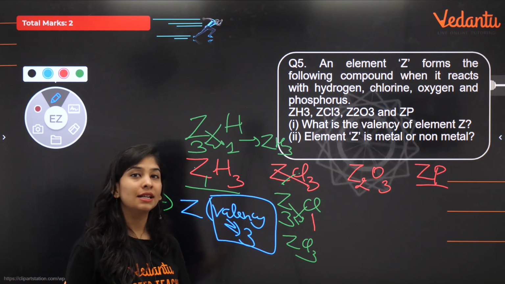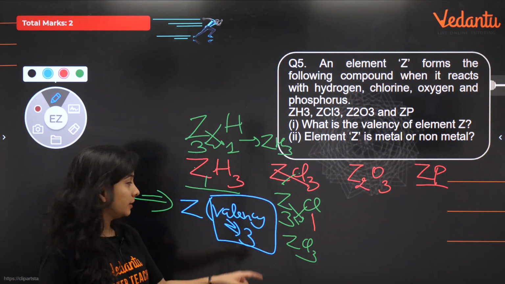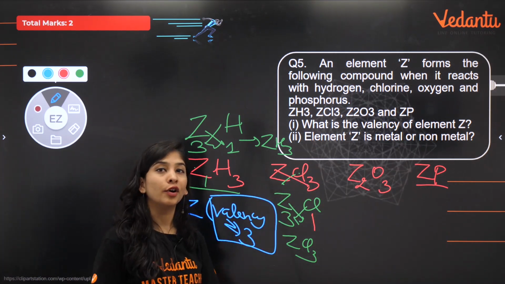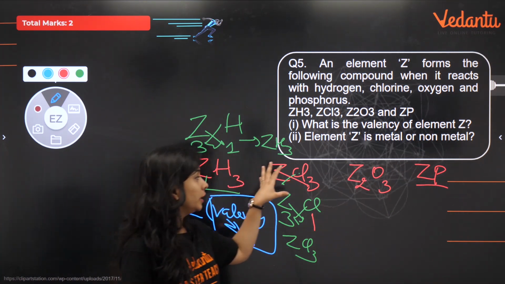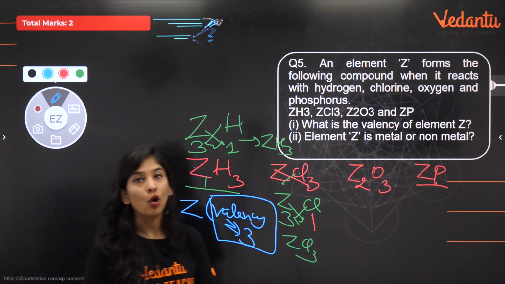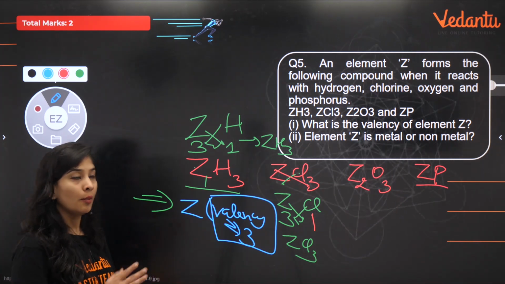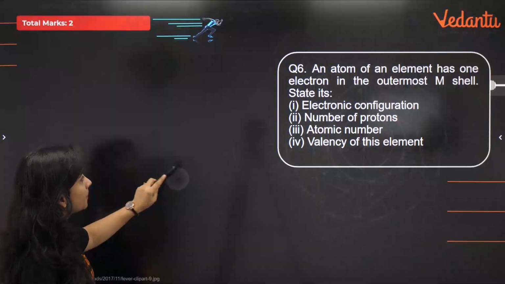Metal generally has a tendency to lose up to 3 electrons and can show the valency 3 and can give all the formulas for the same. Right? Aluminium hydride, aluminium chloride, aluminium oxide and aluminium phosphide. All are following the same valency and same formula. Right? बहुत अच्छे. This part is also super duper clear.